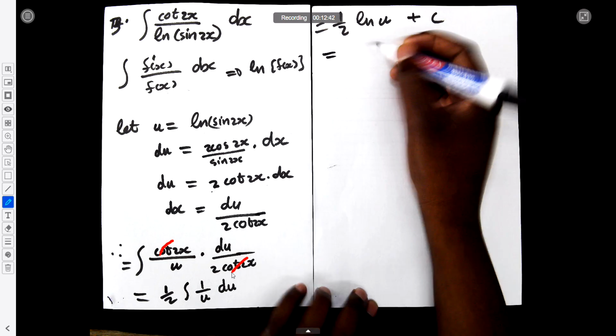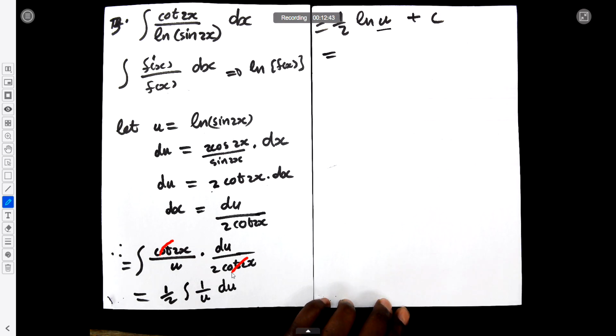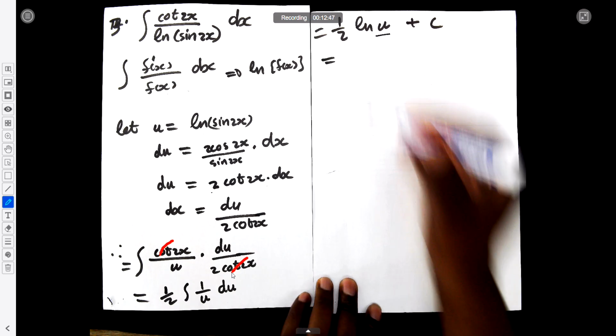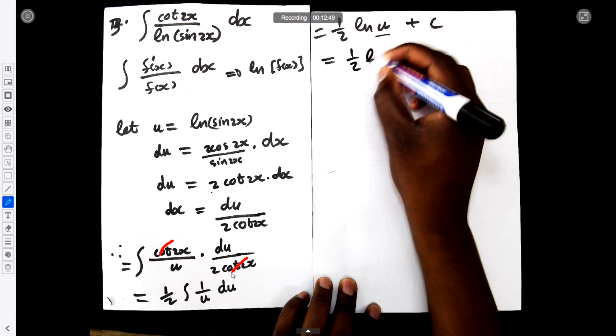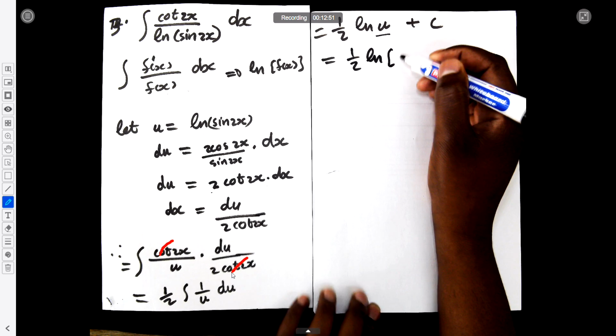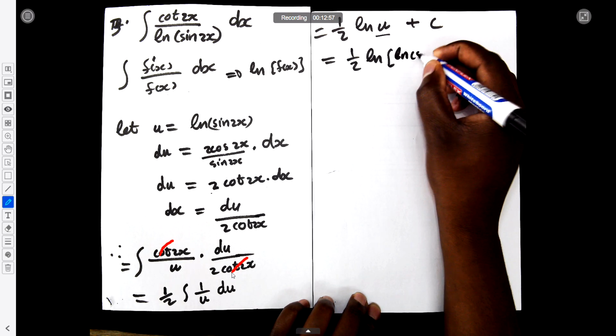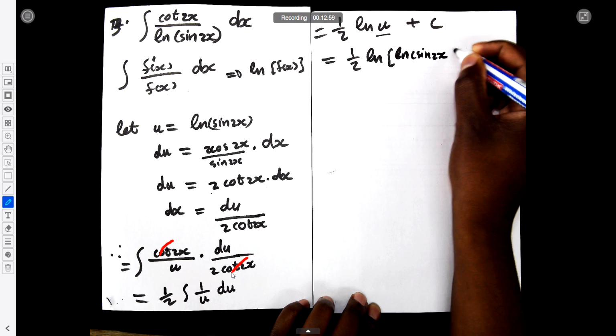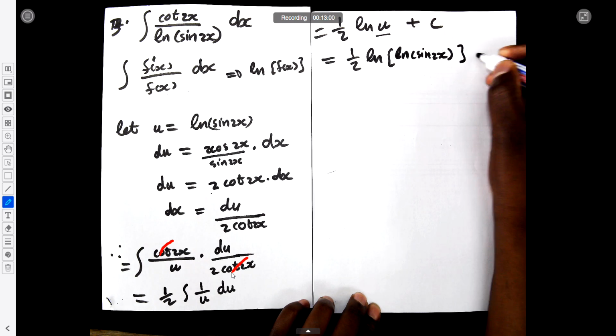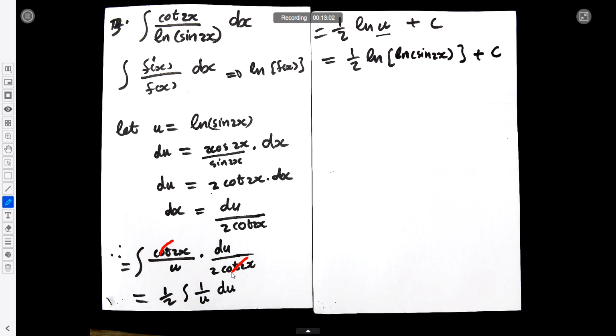So therefore, we can substitute back the function which was replaced in terms of u. So we'll have 1 over 2 ln, where u is equal to sine 2x, therefore plus c.